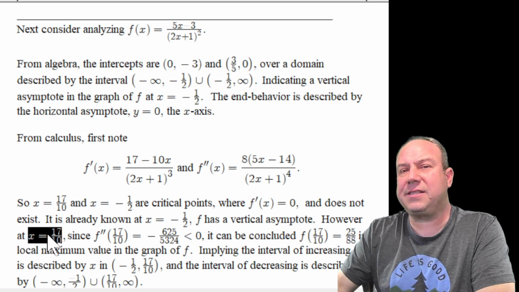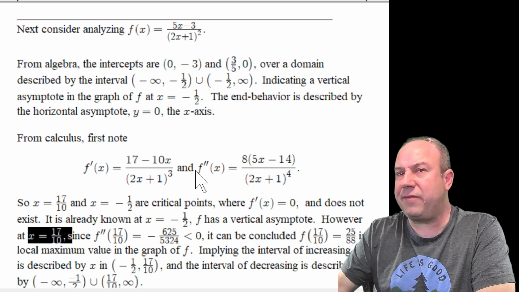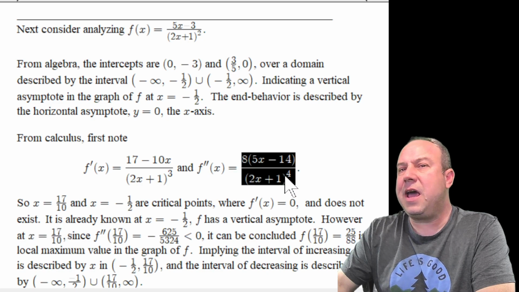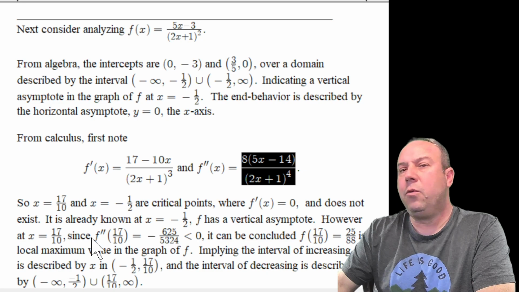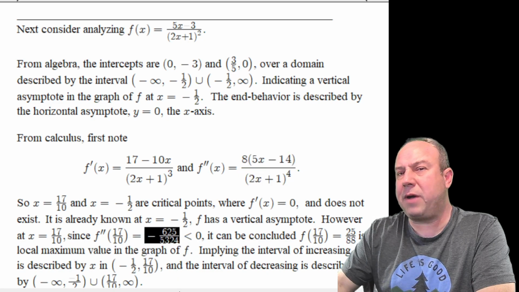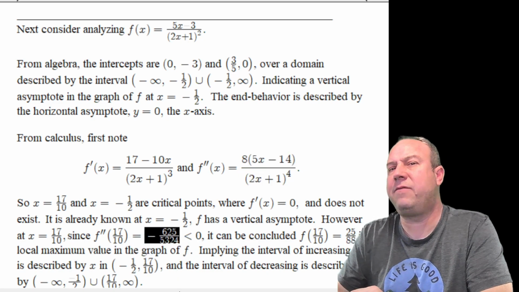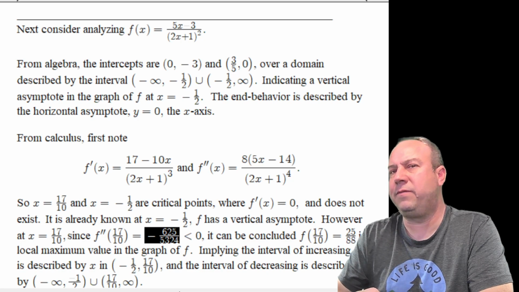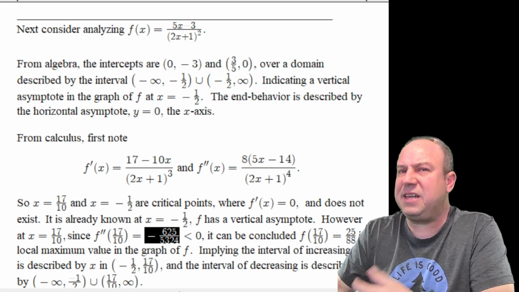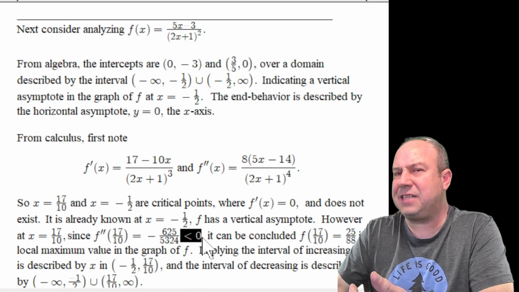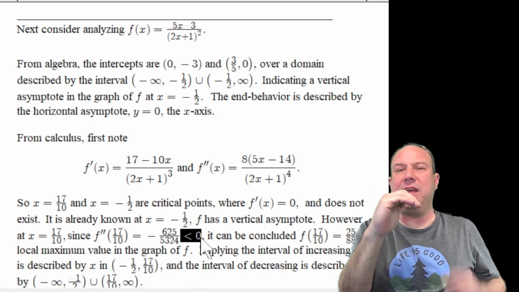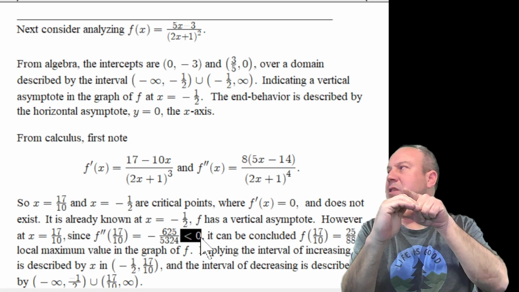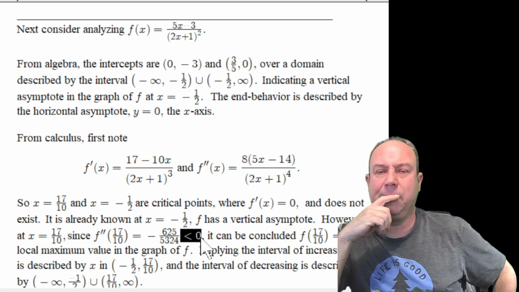However, if we take x equal to 17/10 and we substitute it in here for f double prime, we will end up with the result given by -625 over 5,324. We do end up with a negative result, which is less than 0, which indicates in that region we are concave down, and at 17/10 we must be a local maximum value.